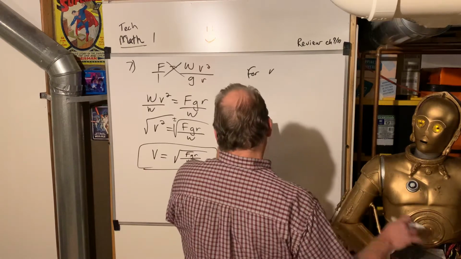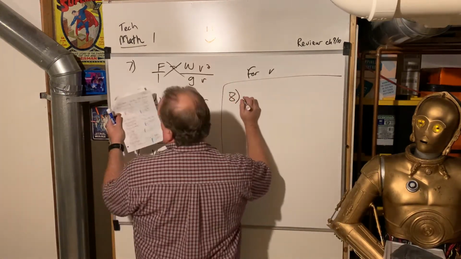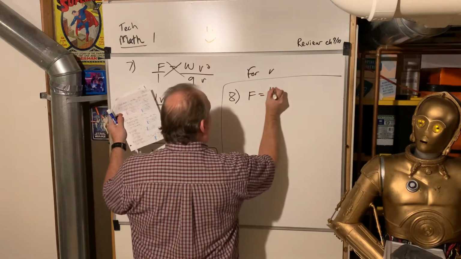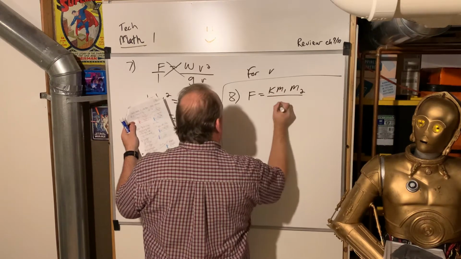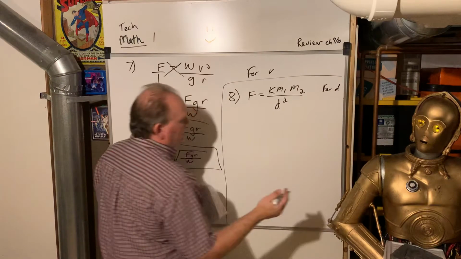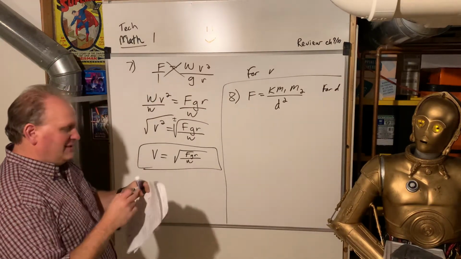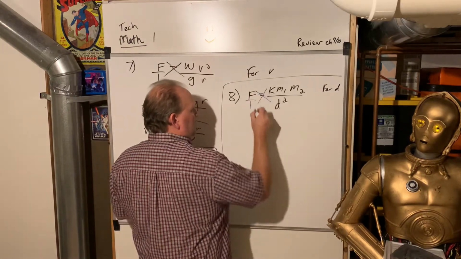Let's do number 8. Oh, number 8, I could squeeze it over here. So f is equal to k m1 m2 over d squared, for d. All right, so really same dog, different fleas, right? We just put that over 1, cross multiply and solve.